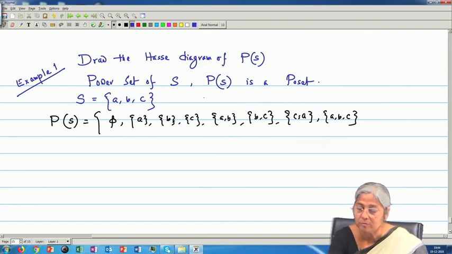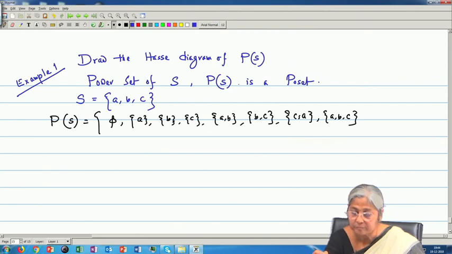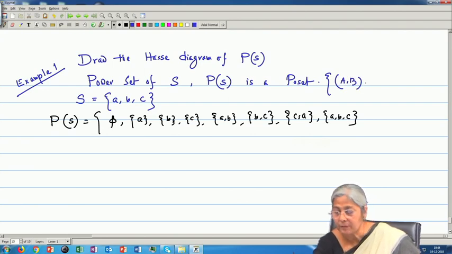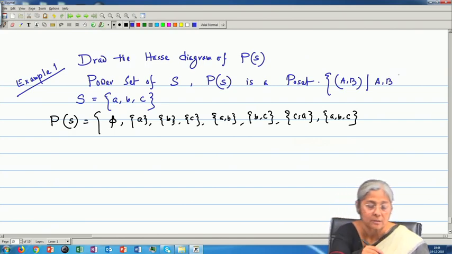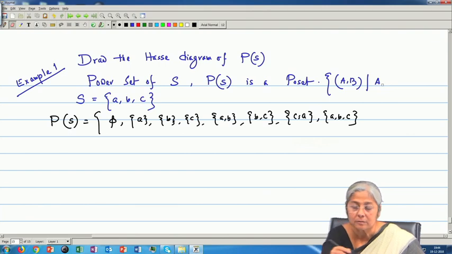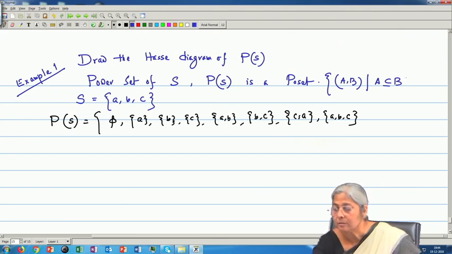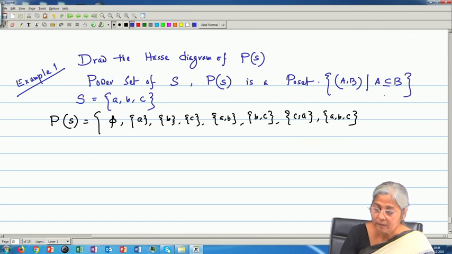That means we have to show the poset of PS with A related to B such that A is a subset of B. So how can we draw it?